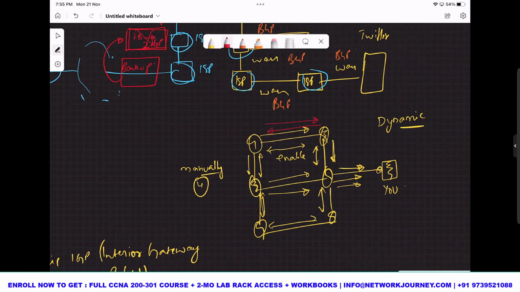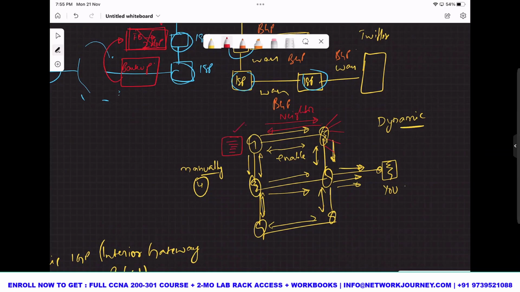They will go through some stages and form a neighborship. So what is the benefit of neighborship? It will tell all its prefixes to this neighbor. Now this router's routing table keeps increasing. Now it knows its neighbor, and it is also going to know its neighbor's neighbor.